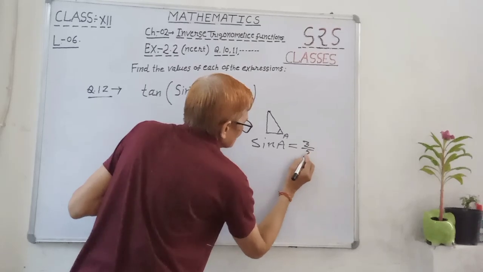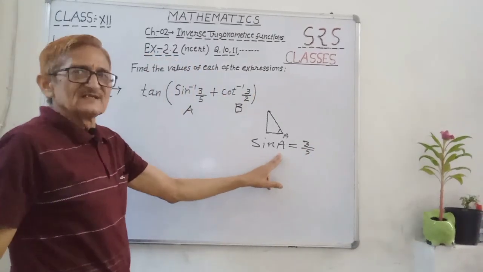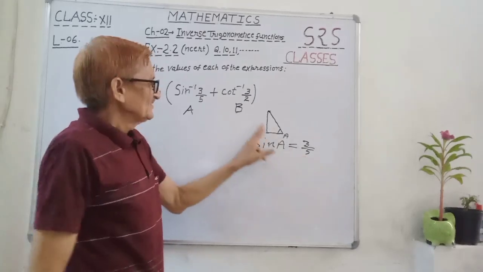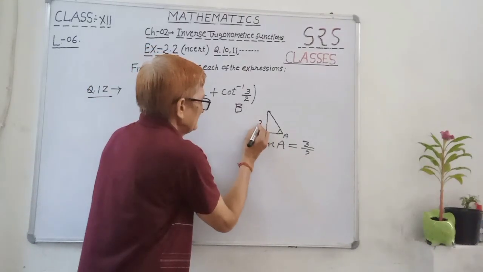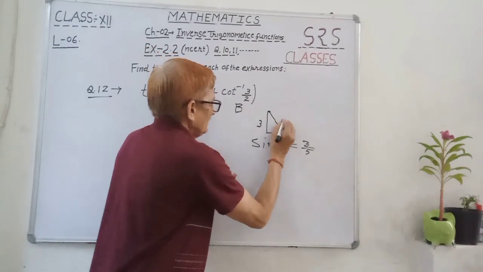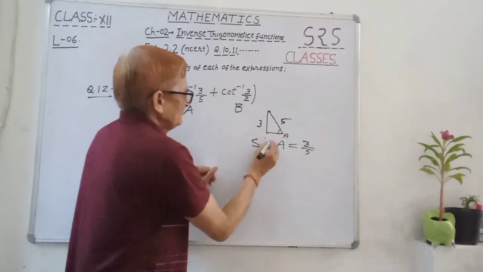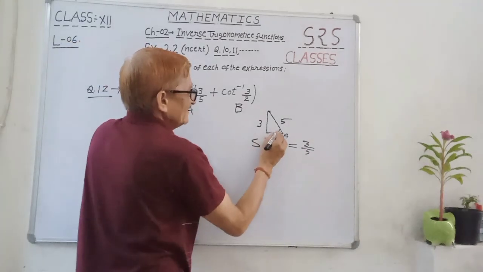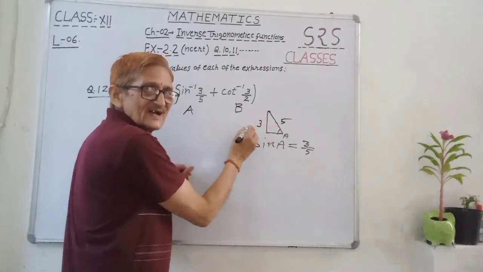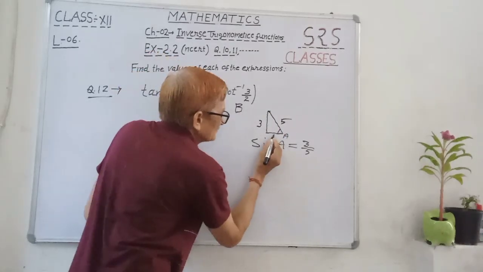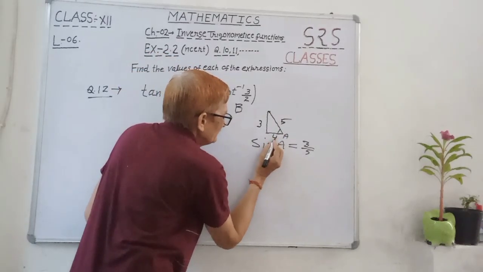In 10th class trigonometry, sin theta is opposite upon hypotenuse. So here the opposite side is 3, hypotenuse 5, then what will be the base? Base will be 5 square 25 minus 3 square 9, 25 minus 9 is 16, square root of 16 is 4. So this will be 4.